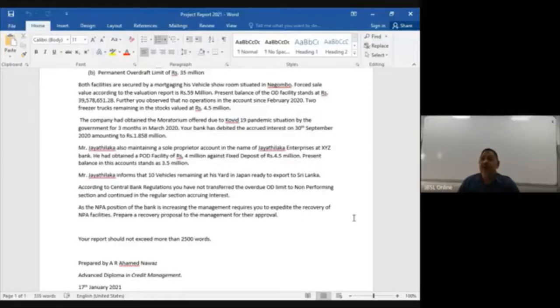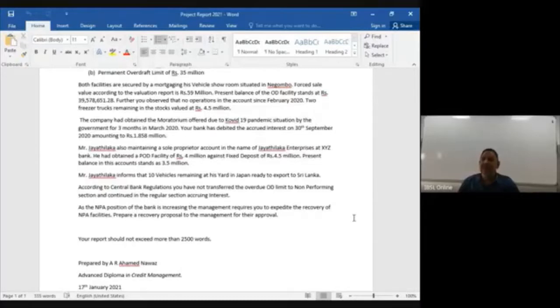According to Central Bank regulation, you have not transferred the OD limit to the non-performing section, and it has continued in the regular section, accruing interest. This is the present position of that account. It has not been transferred to NPA, but is still remaining in the regular section. As the NPA position of the bank is increasing, management requires you to expedite the recovery of NPA facilities.